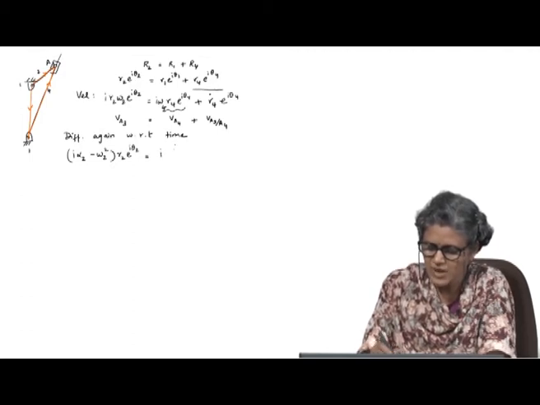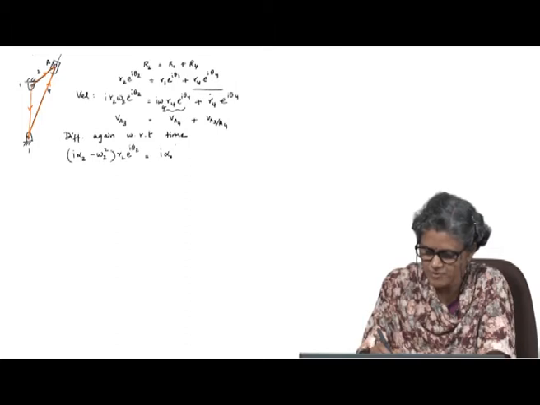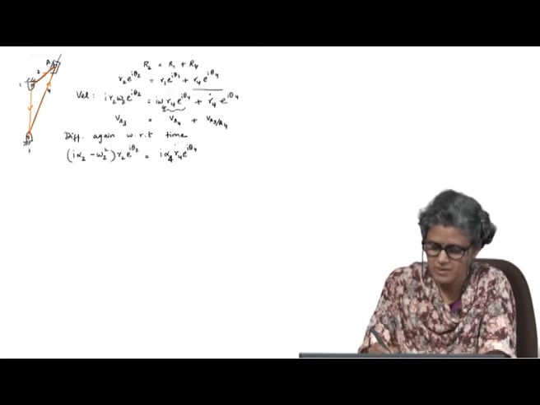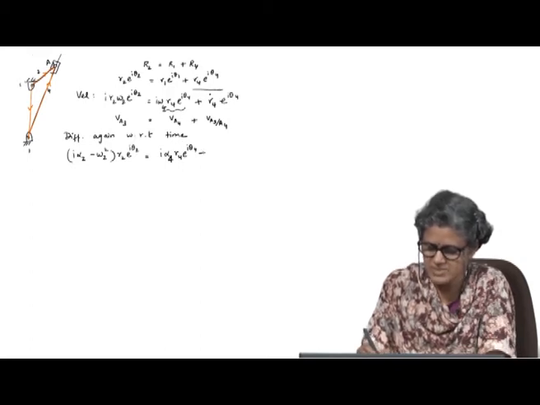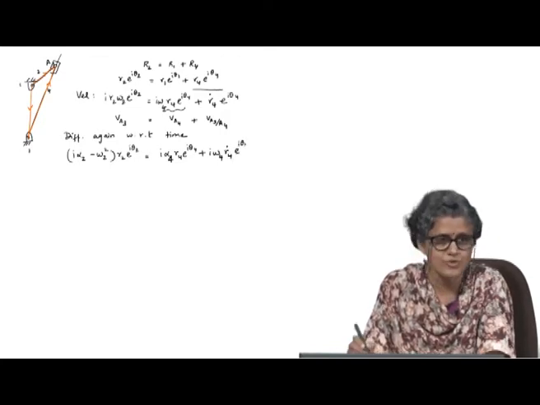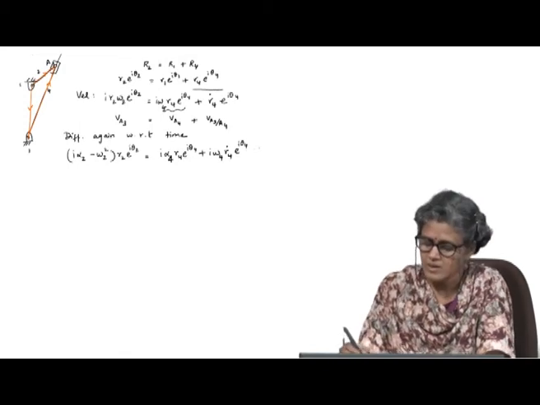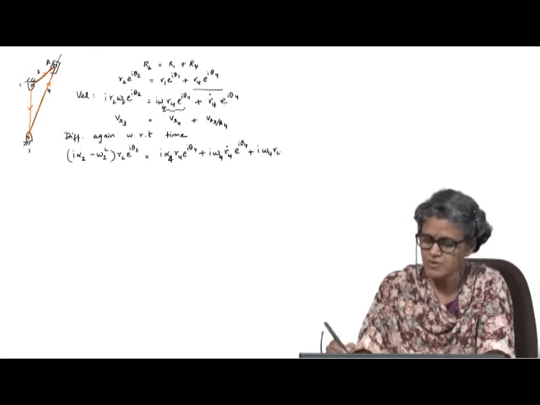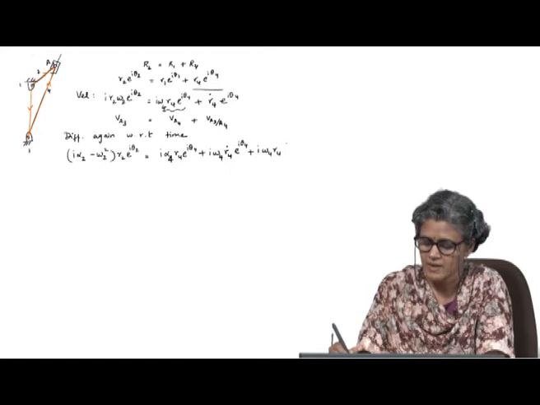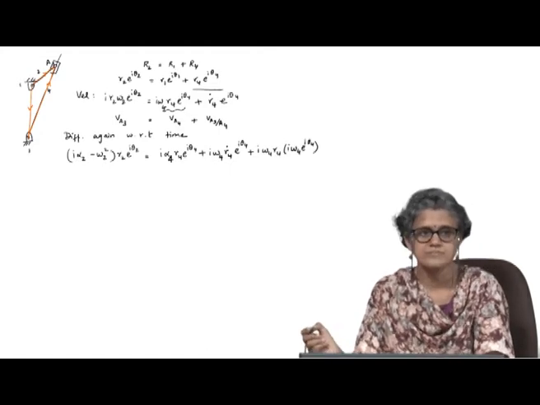So, I have i alpha 4 R4 e power i theta 4, plus i omega 4 R4 dot e power i theta 4, plus i omega 4 R4 into i omega 4 e power i theta 4.